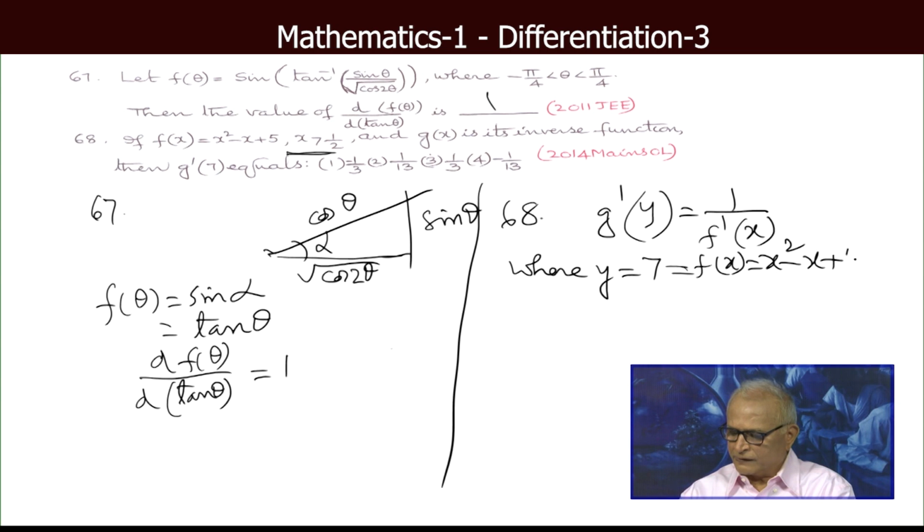Follow? I am using the result for the derivative of the inverse function, g dash y equal to 1 by f dash x, when g is the inverse of f.